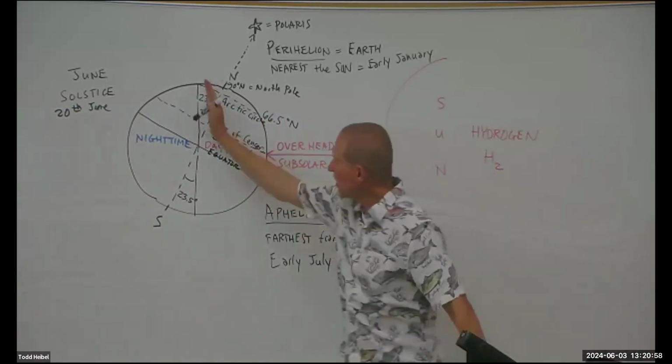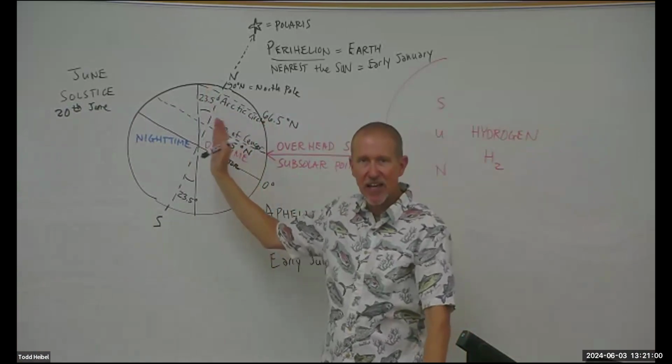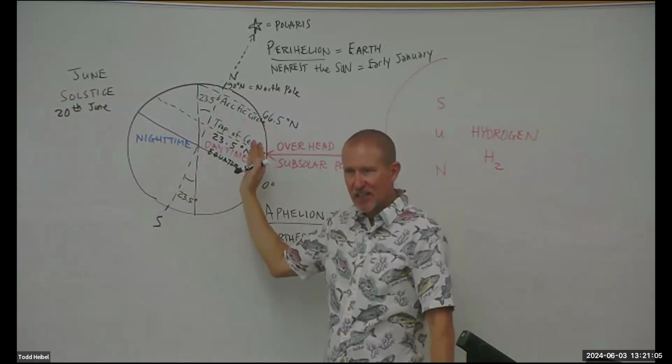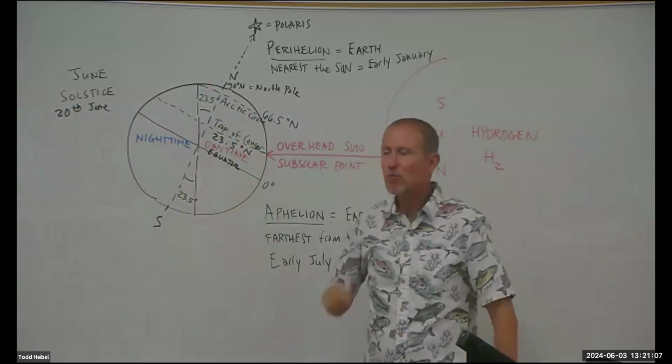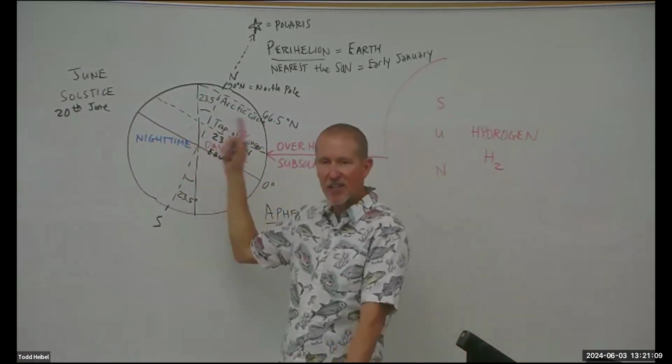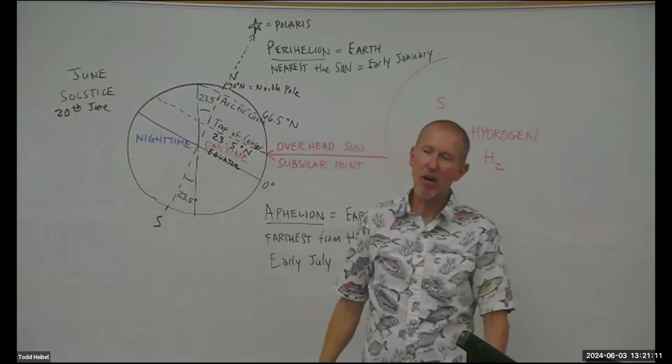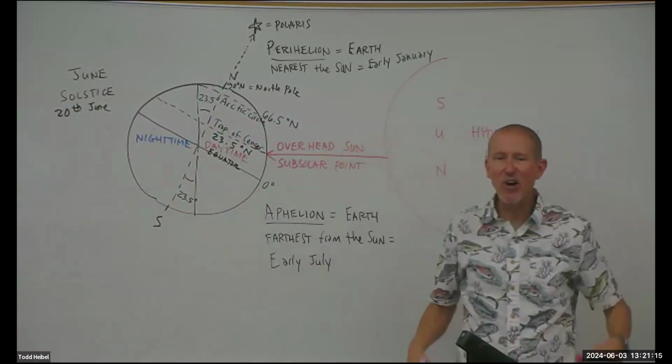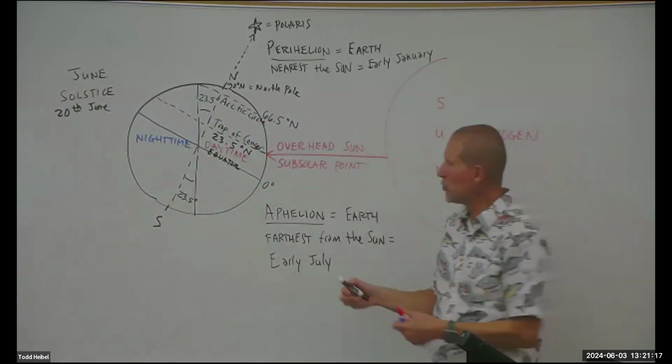What do we call that dividing line between daylight and night? We rotate through this line twice every day. We call it sunrise and sunset. That is our circle of illumination.